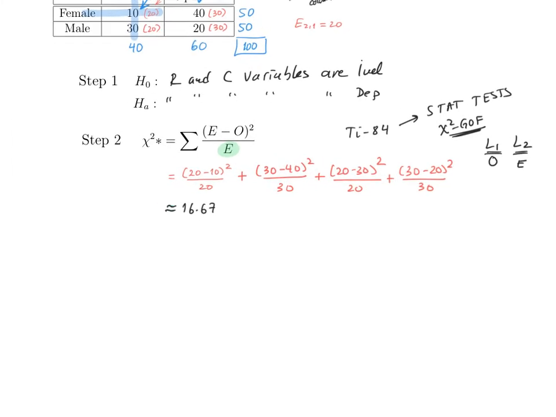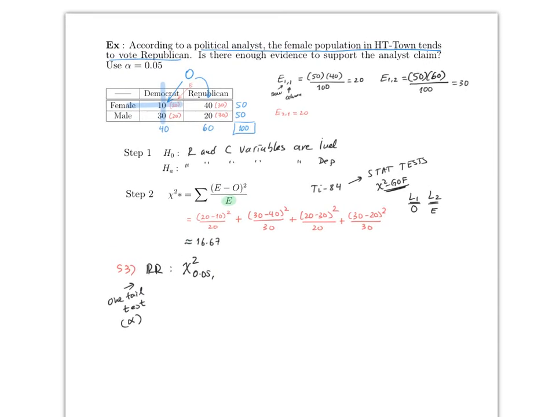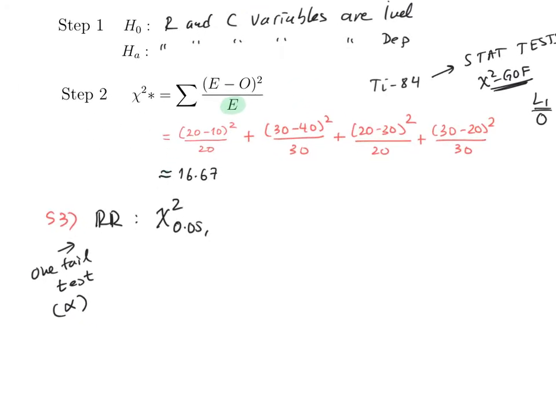Right. Then for step 3, remember, we need to find the rejection region. And remember that this is a one-tailed test, which means you only use alpha. You don't do alpha over 2. So this will be chi-square of 0.05, because alpha was given to be 0.05 right here.